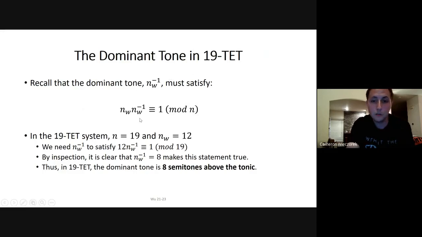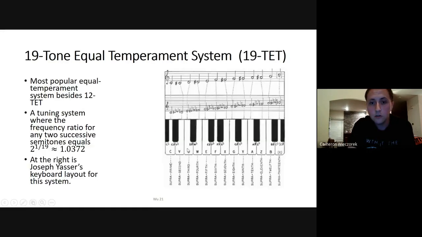How many semitones do we have to raise above the tonic? Since we're dealing with 19 semitones in an octave, N would be 19 now. N sub W is still the number of white keys in an octave. Based on the keyboard layout, let's go to Yasser's keyboard and count. We have 1, 2, 3, 4, 5, 6, 7, 8, 9, 10, 11, 12, and then it starts over at C again.